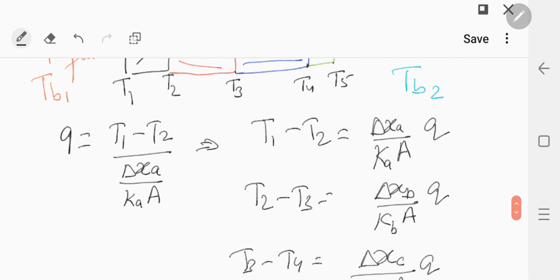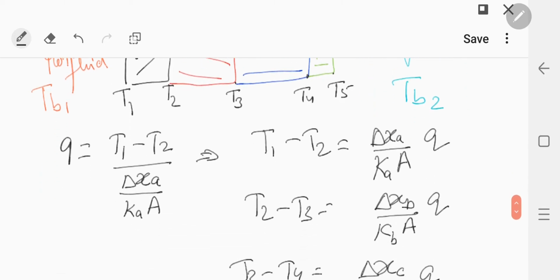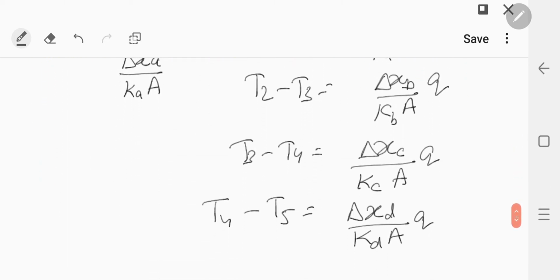So that means the rate of heat entering over here will be the same over here, same over here, same over here, and same over here, in all these directions.